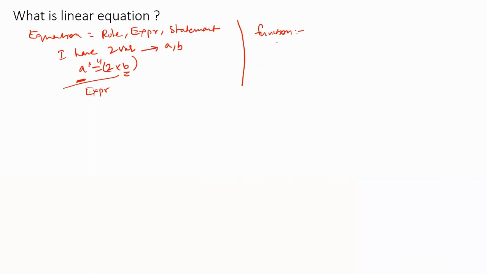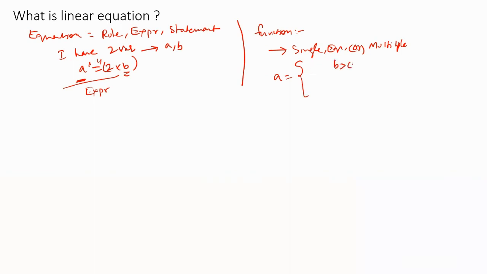A function is also the same as an equation, but the main difference between a function and an equation is that a function may consist of a single equation or multiple equations. So that is only one variable. For example, a is related with b.